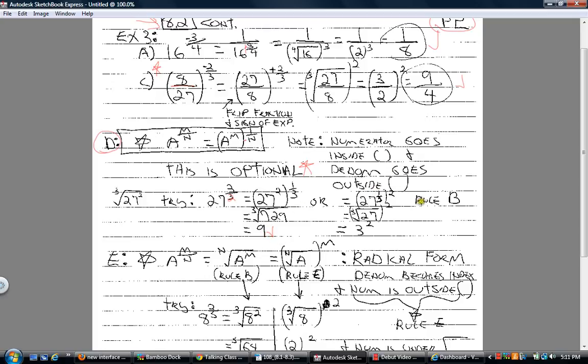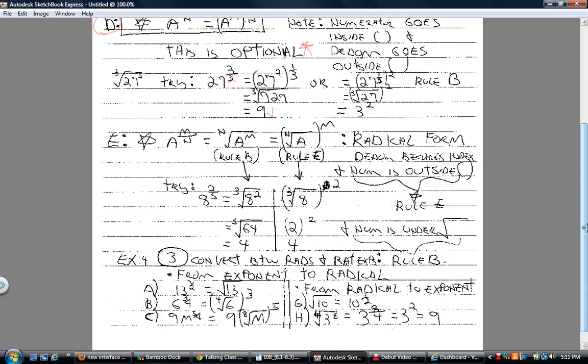Or you could use rule B, which is take 27 raised to the 1/3, meaning the cube root of 27, which is 3, and then square it, and you still get 9. So you can see those both work.